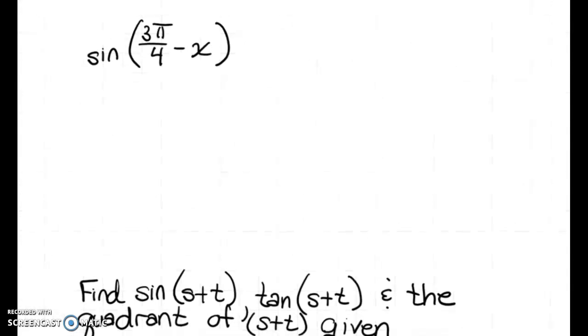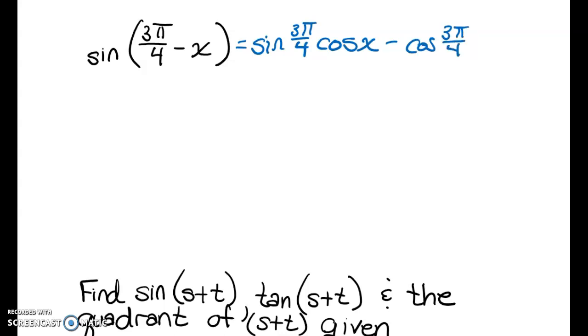Okay, so now we're going to use our sine identity for this one. We have the sine of 3 pi over 4 cosine of x minus the cosine of 3 pi over 4 sine of x. So 3 pi over 4 is a Q2 angle. Sine is going to be positive in Q2, and the reference angle is pi over 4 or 45 degrees.